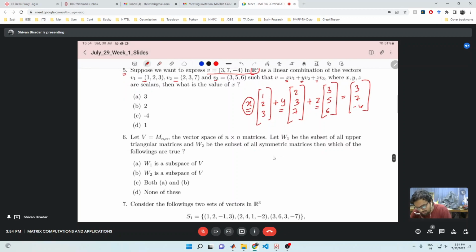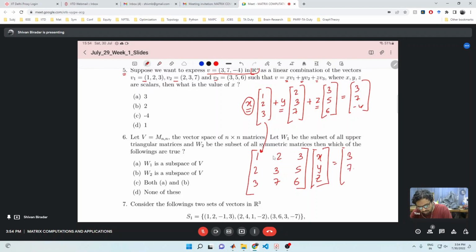The simple method would be to arrange these vectors and construct a matrix. We arrange this vector in the first column, this vector in the second column, this vector in the third column, and we will put x, y, z, equal to 3, 7, 9, 4.